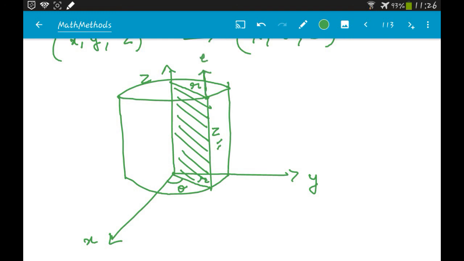So we have e_z, and then we have e_theta, and then we have e_r. Okay, so these three basis vectors, they are of course going to be orthogonal to one another, right? They are going to be at 90 degrees to one another, and they will represent your ds.